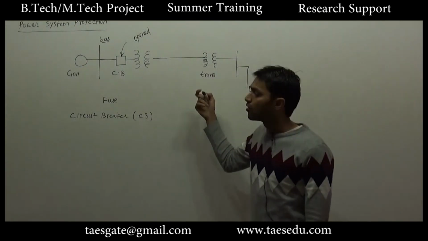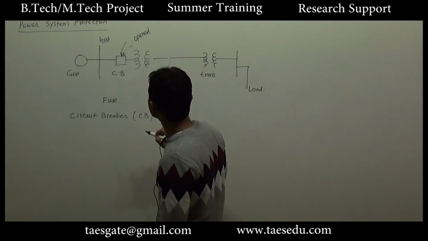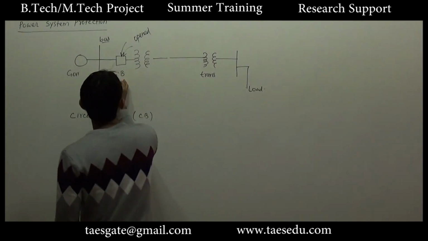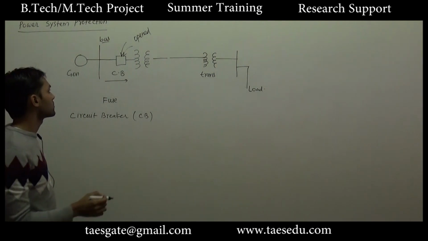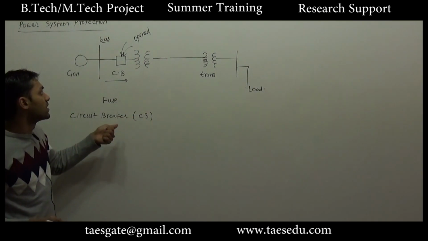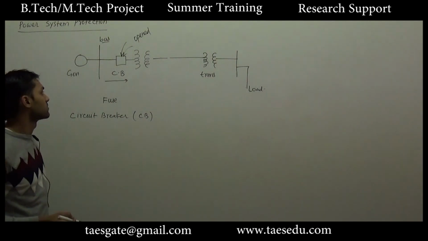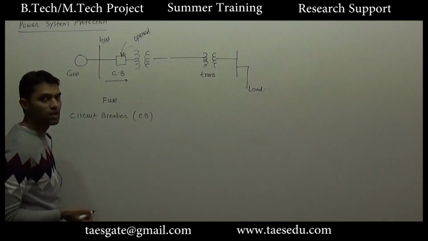After some time, when the fault is cleared, it will automatically close its connection, so it will resume the supply of electricity. While in the case of a fuse, after functioning it gets damaged and has to be manually replaced. Also, a circuit breaker can be remotely operated.